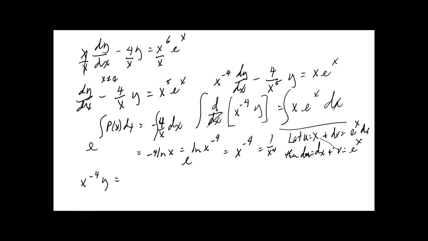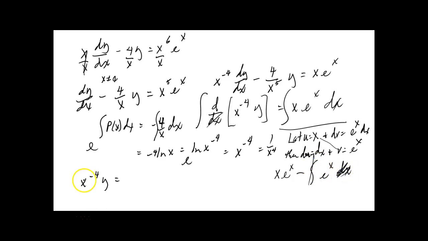Your u times v, which is x e to the x, right? Minus the bottom line, the integral of e to the x dx. And what is that? That's e to the x. So I'm just going to wipe that out, minus e to the x.